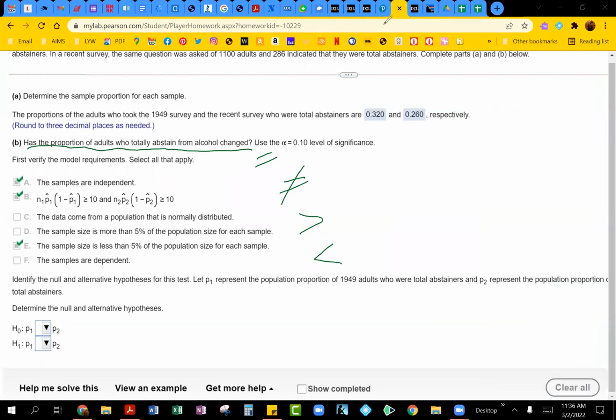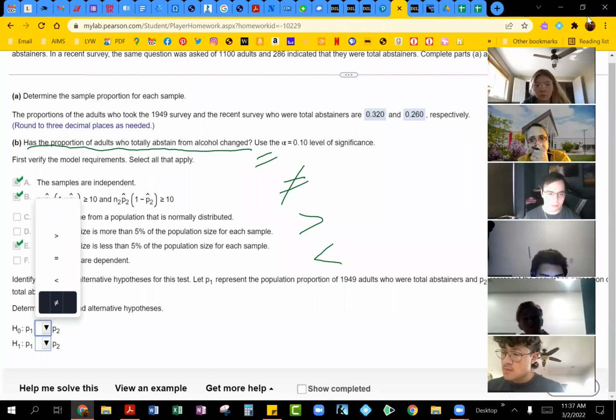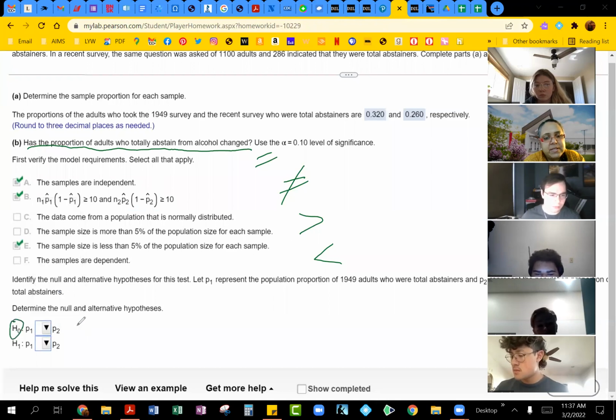Because that will be a decision you will have to make when you're going through these examples for homework, exam, whatever the case might be. Because you will see they're giving you all 4 of those options: equal to, not equal to, greater than, less than. So when they say, has the proportion of adults who totally abstain from alcohol changed, which symbols do you go for? So remember, H sub 0 is the null hypothesis.